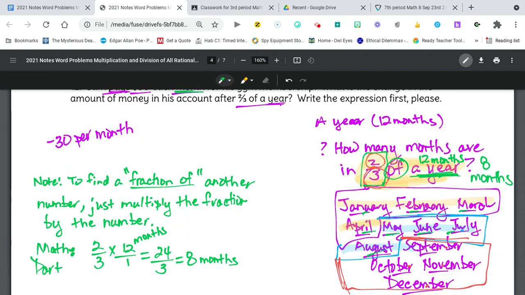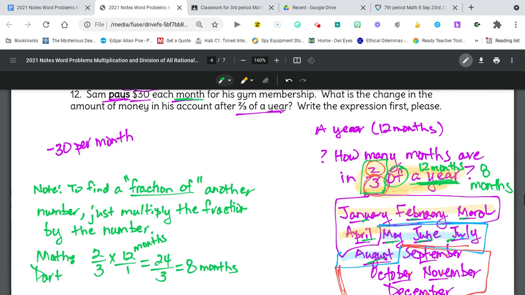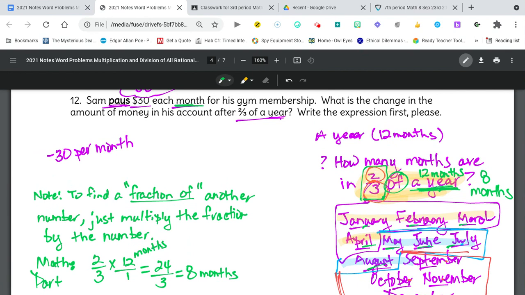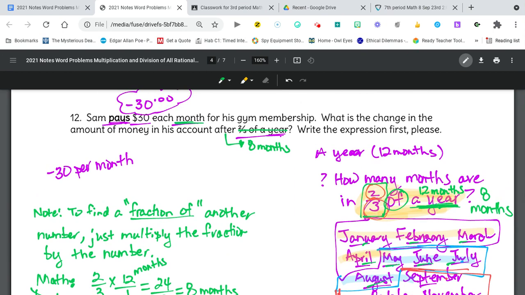So now I know, go back up here. Instead of having 2/3 of a year, I can cross that out and just say after 8 months. So Sam, if I go all the way back, I'm going to have to erase some of this stuff. So Sam pays $30 each month for his gym membership. It says, what is the change in the amount of money in his account?